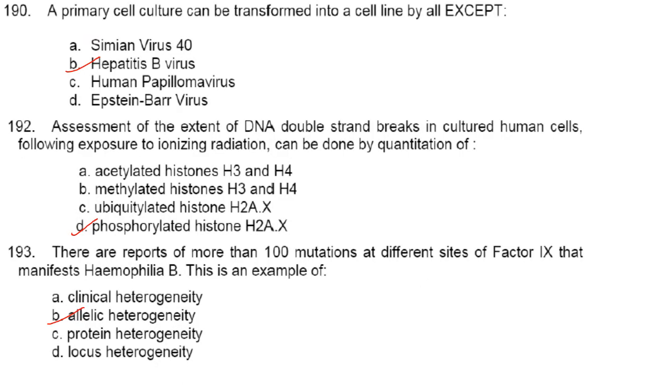The next one. A primary cell culture can be transformed into a cell line by all except hepatitis B virus. Then next one.